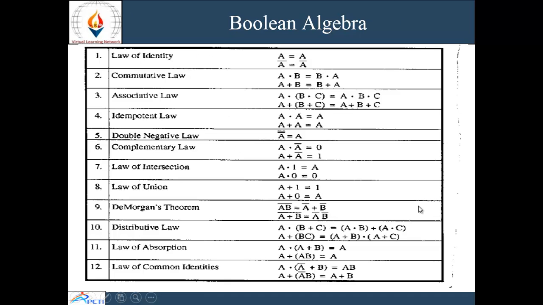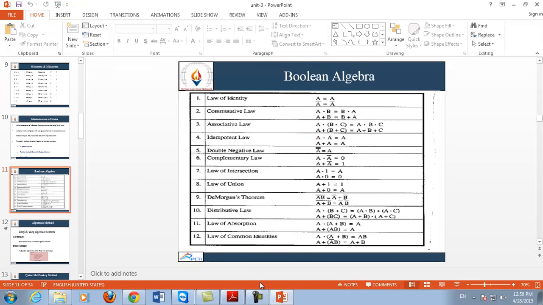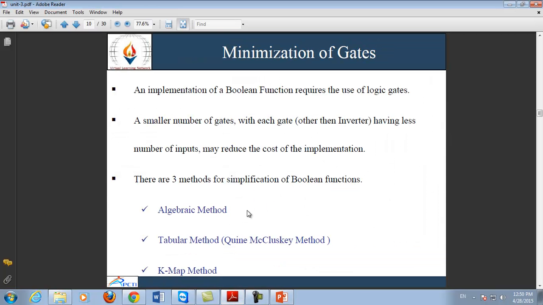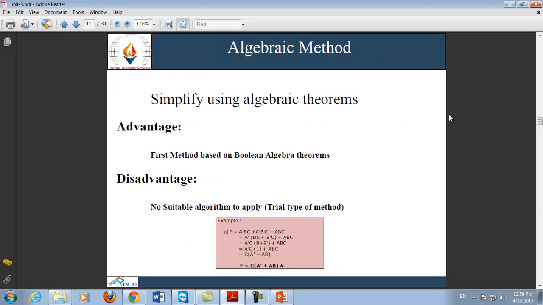This is all about the Boolean algebra. There are some rules that you can follow for the process of minimization of gates. Now, how we can use these Boolean algebra functions in algebraic method, tabular method or K-map method. There are total 3 methods for minimization of gates. First, we will talk about the algebraic method.